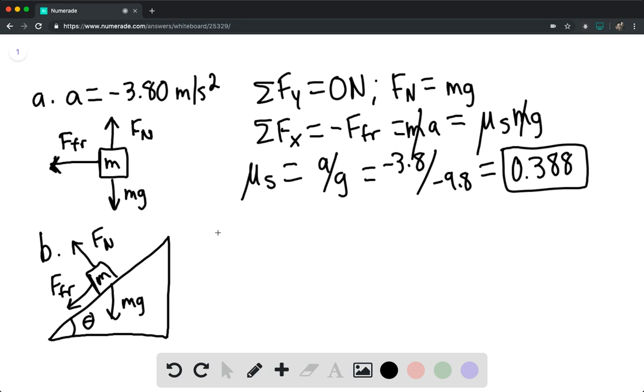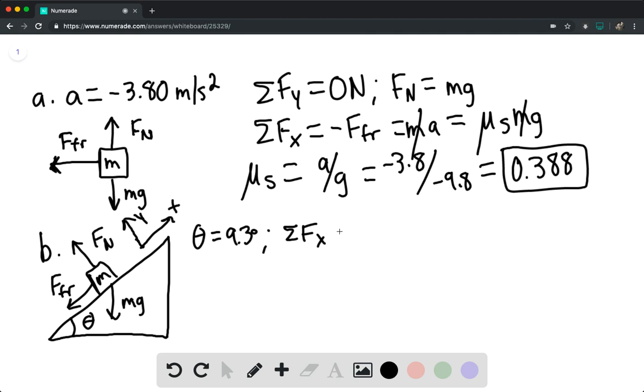So we can say that for part B, theta equals 9.3 degrees. And then we can solve for the sum of forces in the x direction. Again, we're choosing new Cartesian axes, so this will be our Cartesian axis.